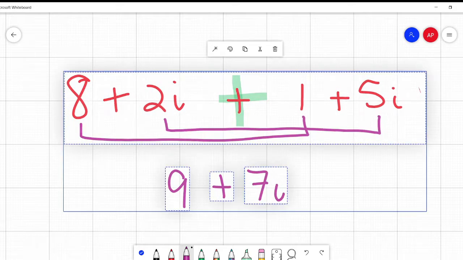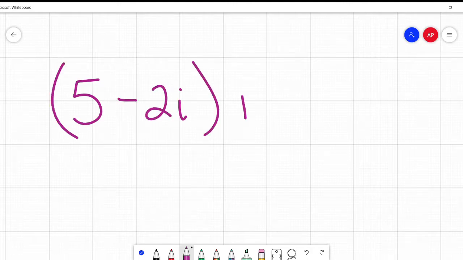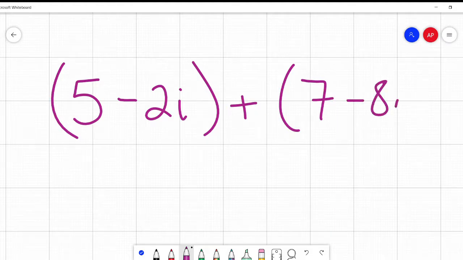Right, if you have something where there's a subtraction in the middle, like say 5 minus 2i plus 7 minus 8i. Again, we're just treating these like variables and combining like terms when we are adding and subtracting.